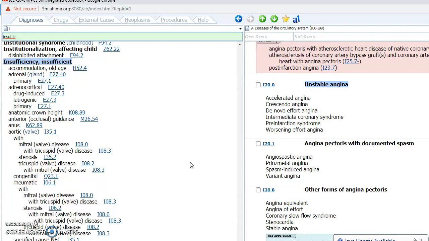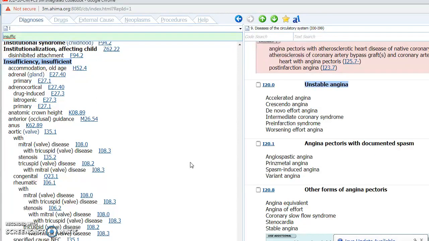Now let's get into I11. This is hypertensive heart disease. The difference here is that I went to hypertensive, so this takes me to I11. Hypertensive heart disease is going to be in the I11 category. When I go to a couple of the examples here, they have congestive heart failure due to hypertension.